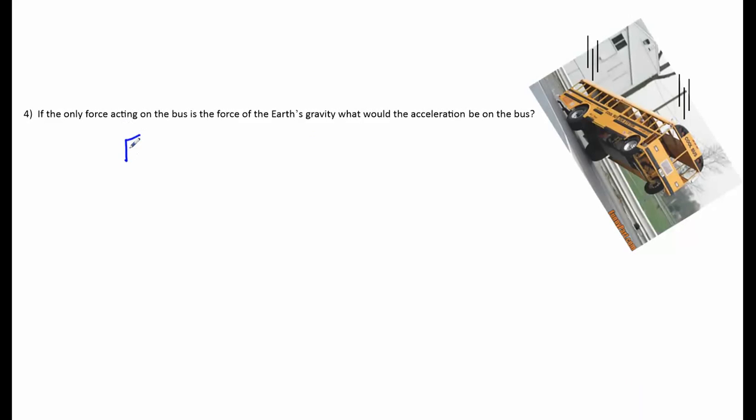So again, the net force acting on an object is equal to the mass of that object times the acceleration of that object. And in this case, it's the force of gravity. So the acceleration will be due to the gravity. How about if the bus fell out of an airplane? Wow. Well, let's go back and see.